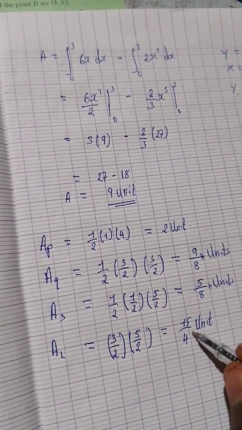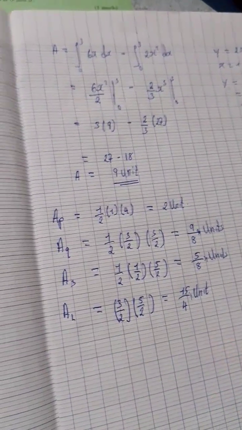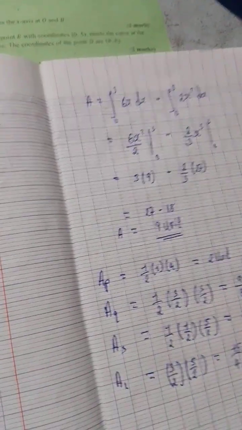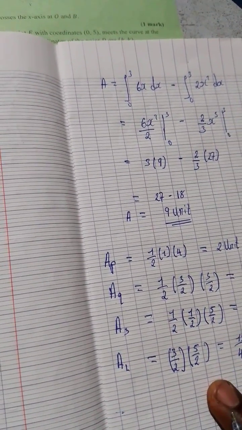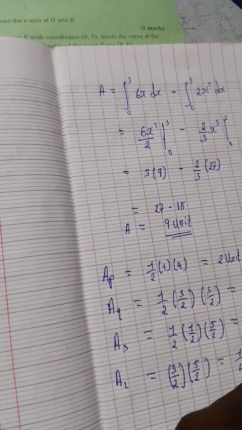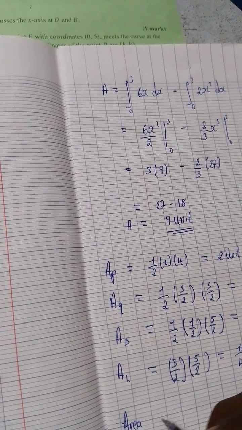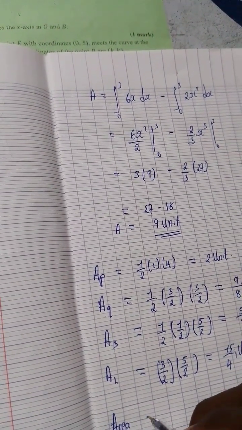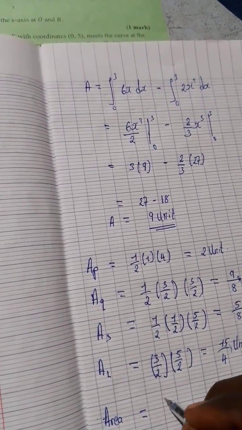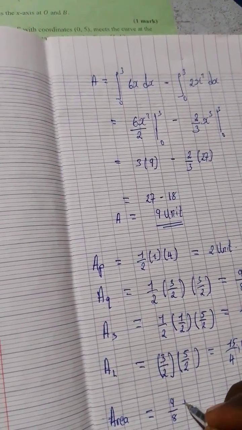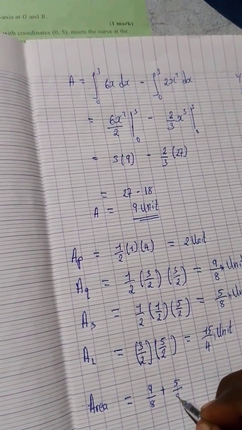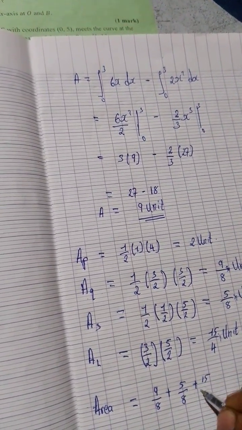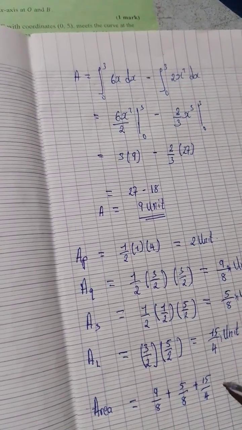Square units everywhere. Okay, now to have the total area of this region, we're going to add the areas. It will be equal to 9 on 8 plus 5 on 8 plus 15 on 4 plus 2.